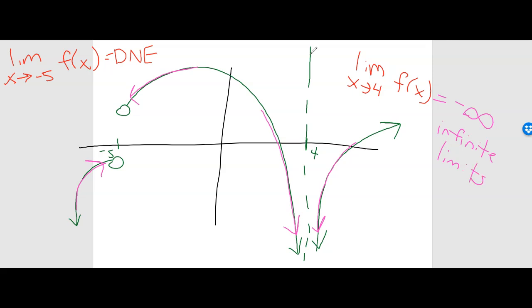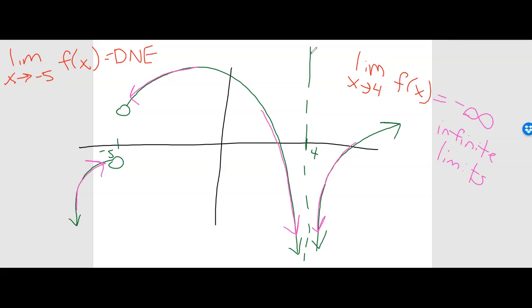Right, so you could say DNE, but then the reader doesn't know if there's a jump discontinuity. They don't know if the function's approaching positive or negative infinity, etc. But if we say that this limit is equal to -infinity under the idea of infinite limits, okay, then the reader has a better understanding of what's going on with the function at x equals 4. So again, that's why we bring in this idea of infinite limits.